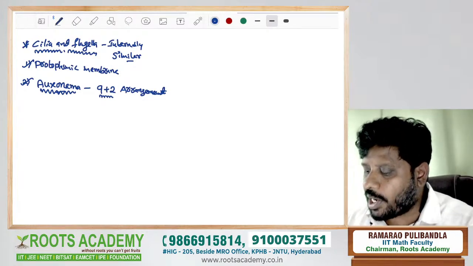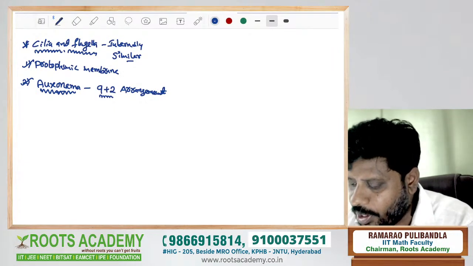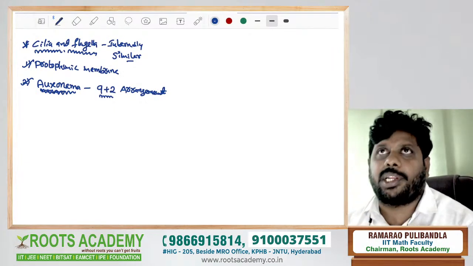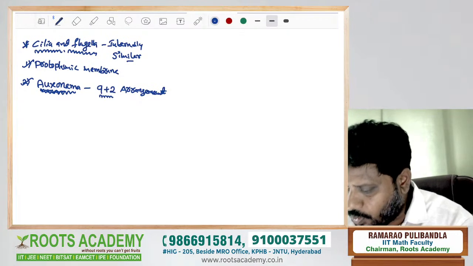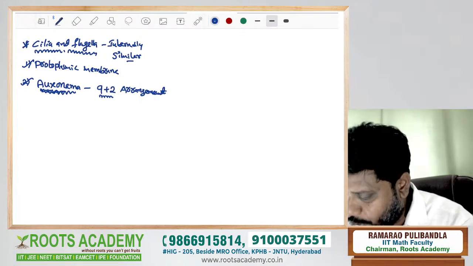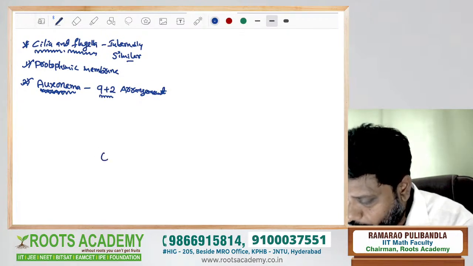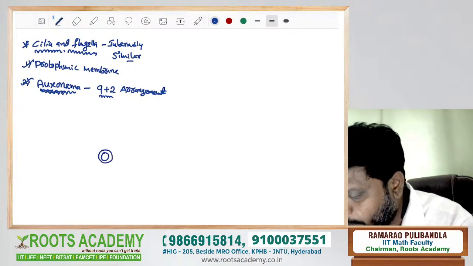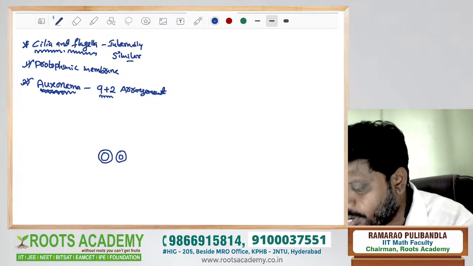How is the 9+2 arrangement? Look here, I am explaining the axonema only. In the axonema structure, 2 microtubules are present in the center. This is one microtubule, this is another microtubule.